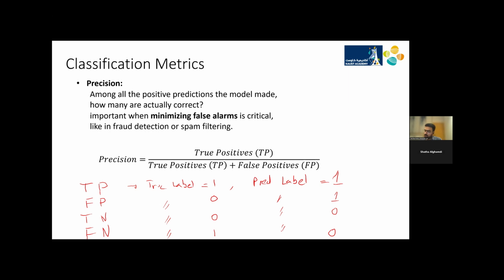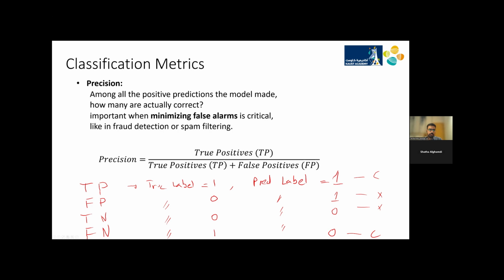So out of all of these four, this is a correct prediction and this is a correct prediction. This is correct, and these two are wrong. Right? No. Oh, my bad. Sorry. I thought this was false. True negative.